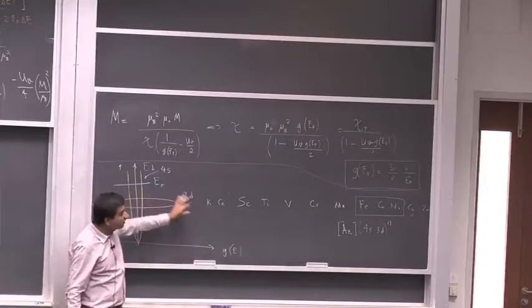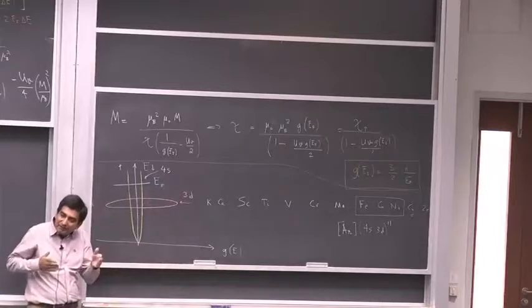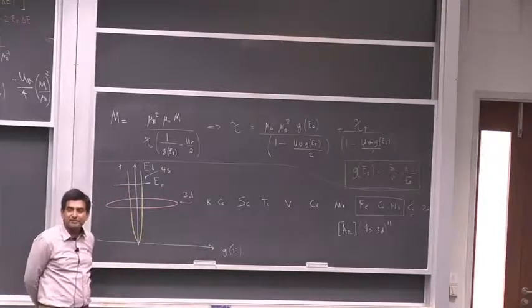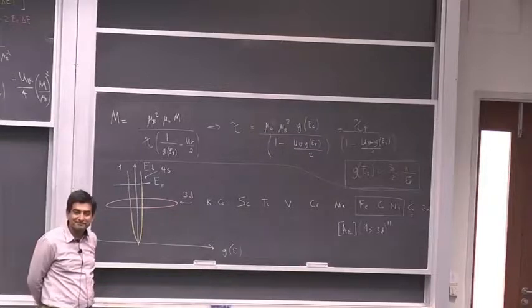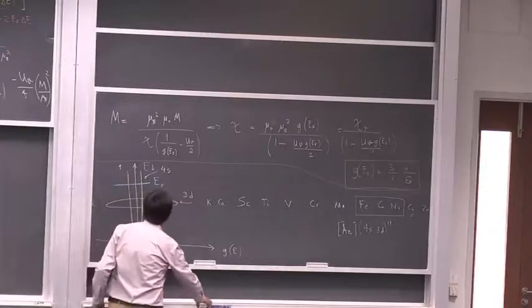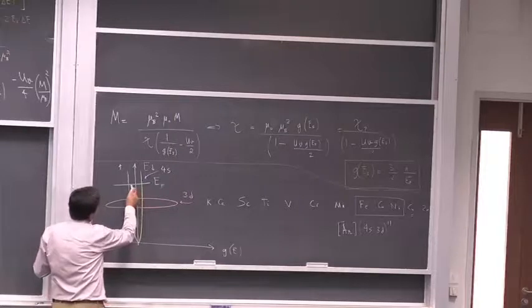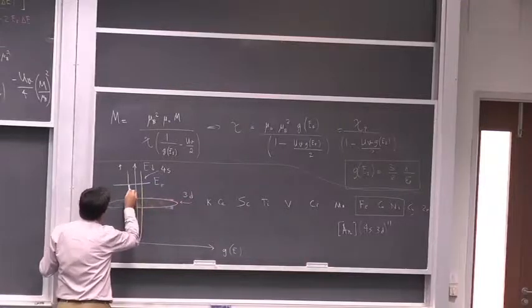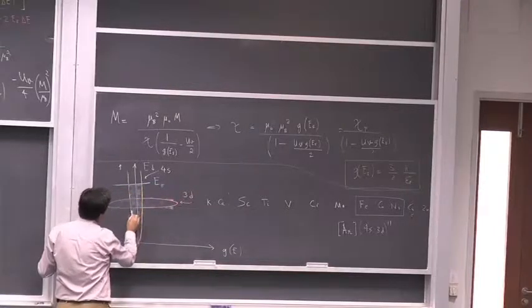Now this is a tight band. It's a narrow bandwidth band, the 3d band. And the Fermi level happens to lie here. Now what does this mean? This means that both the 3d bands are completely filled because they are below the Fermi level, and the 4s bands are completely filled up to this point.